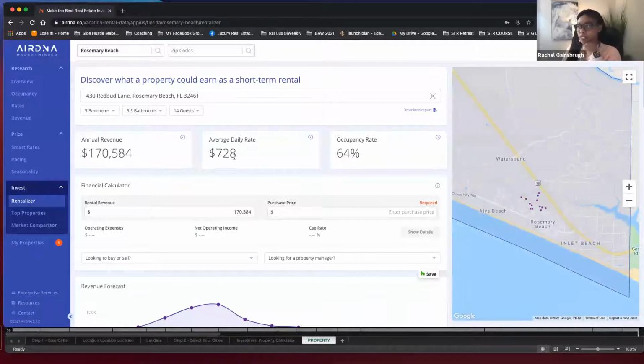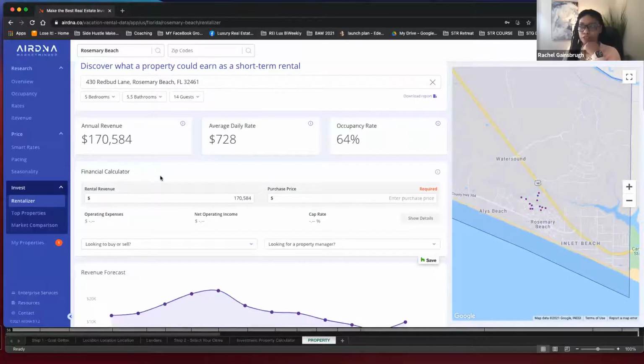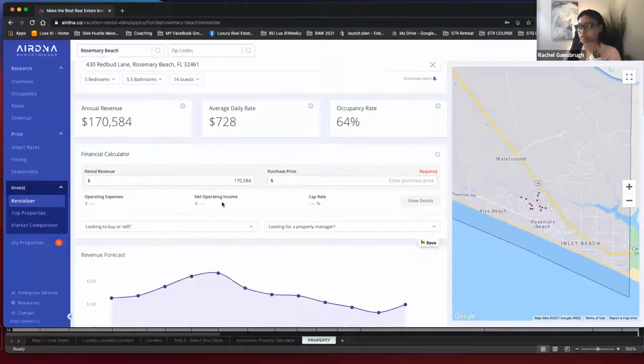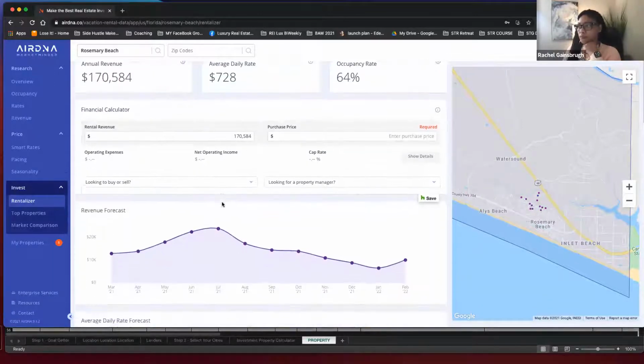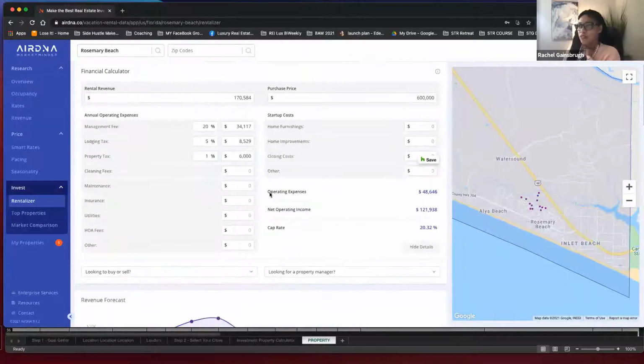So again, average daily rate, occupancy rate, annual revenue. Again, this is average. And so the next step I would take, and I think we might have some time, we just have 4 minutes, is the purchase price. So all in, I think I'll be at about 600. As far as expenses, management fee 20%, no way.